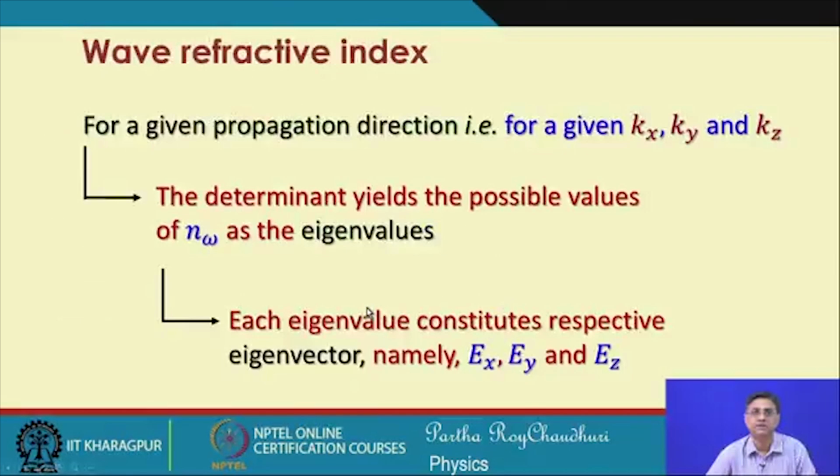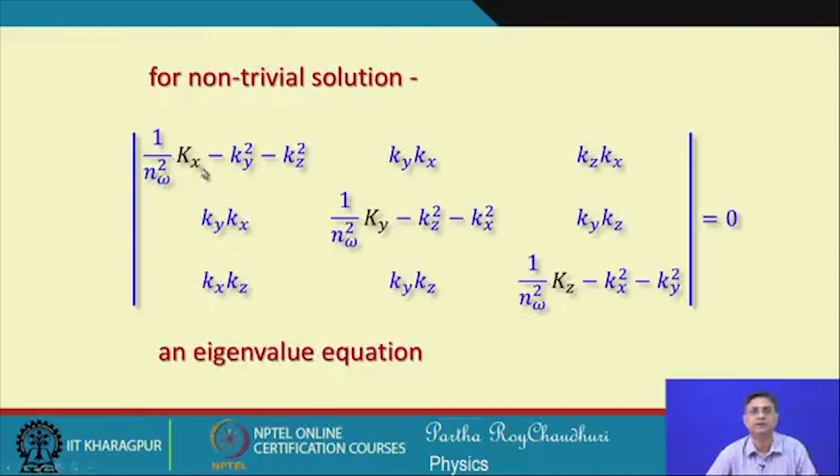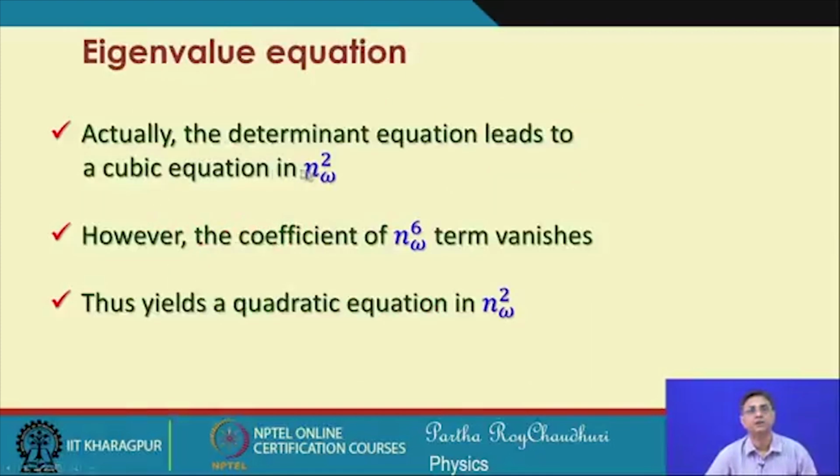So, actually this determinant equation involves n square and n square. So, this will give you a cubic equation of n square, that is n to the power of 6. So, this determinant equation gives you a cubic equation in n square.